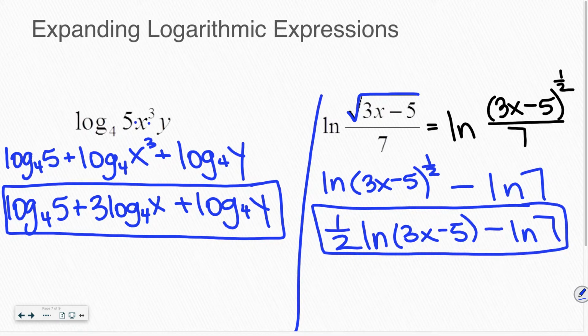There is nothing we can do with the 3x minus 5. We do not have a rule for addition and subtraction inside of our logarithm. It's stuck there. Slowly but surely, our cobwebs are getting out of there. We're remembering this stuff.